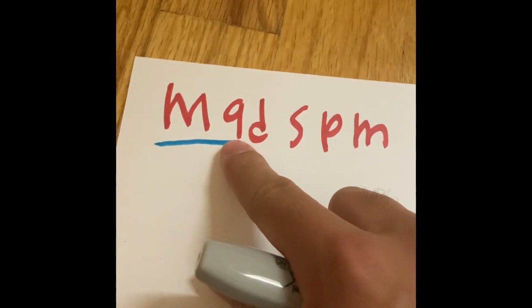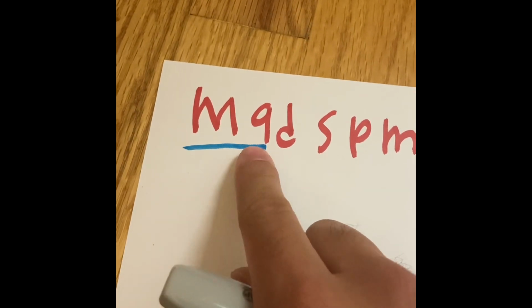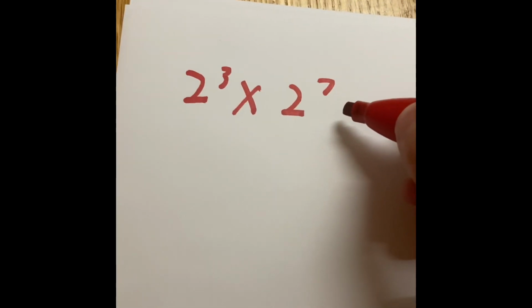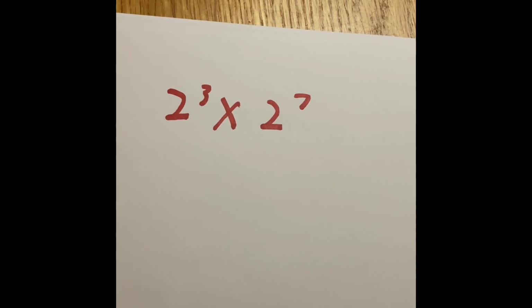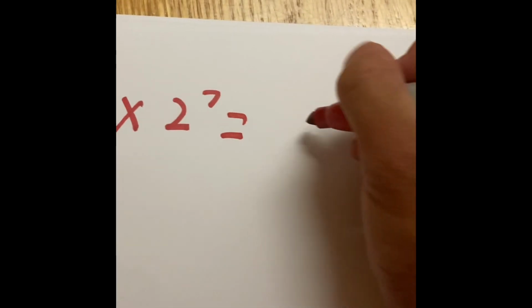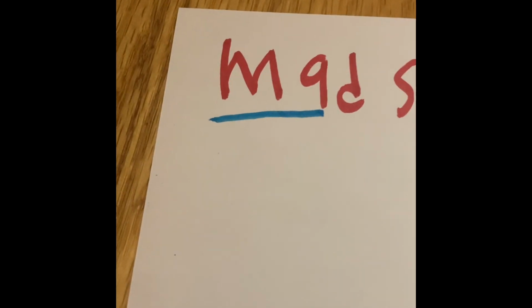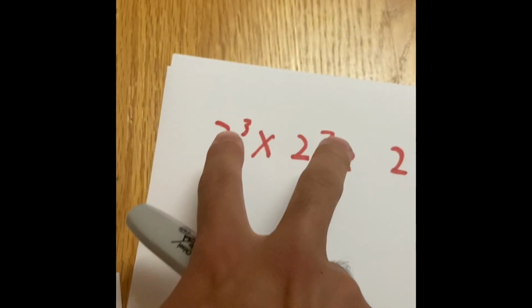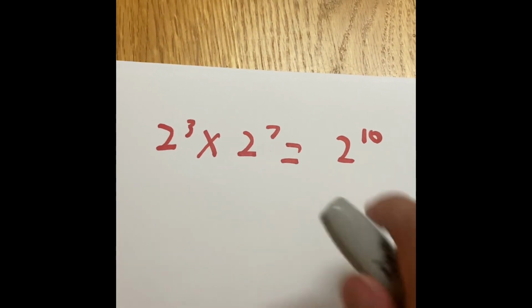The A represents addition. So when you're multiplying, you're actually adding the exponents together. We could expand it and solve it out, but that would take too long and waste your time on the SAT. Instead, our final answer would be 2 to the 10th power. So instead of multiplying, which it originally was, you add the two exponents if it was the same coefficient, and that gets you to your answer.